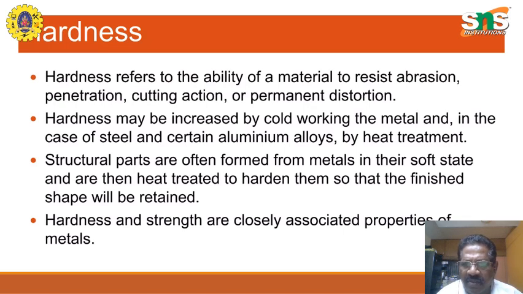One is without heating, at normal ambient temperature, which is called cold working. The other is when you heat it and then work on it using a hammer or forces. Structural parts are often formed from metals in their soft state and are then heat treated to harden them so that the finished shape will be retained. Hardness and strength are closely associated properties of metals.